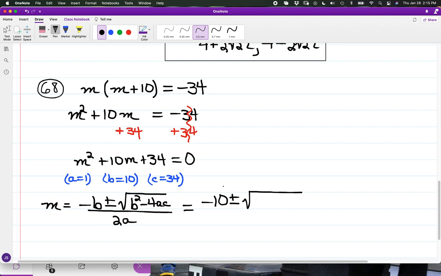So you have b squared, so this would be 10 squared. And you have minus 4ac, so you have minus 4 times 1 times 34. We have all over 2a, so we have 2 times 1.